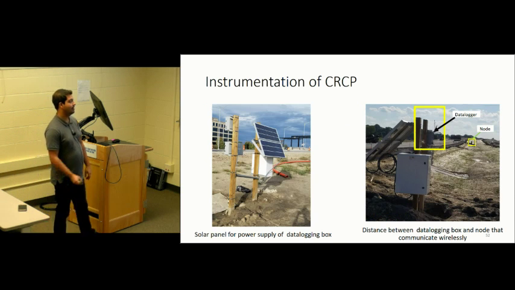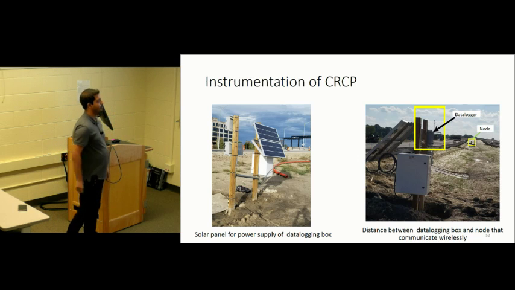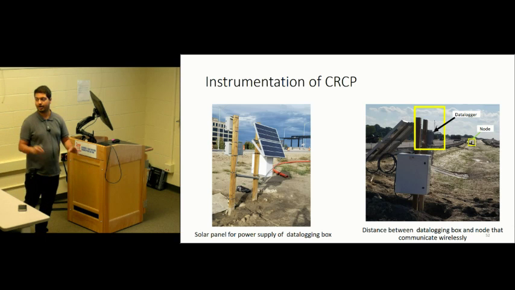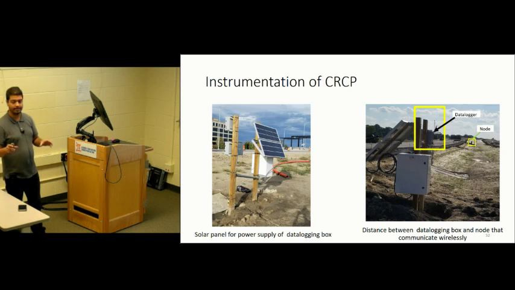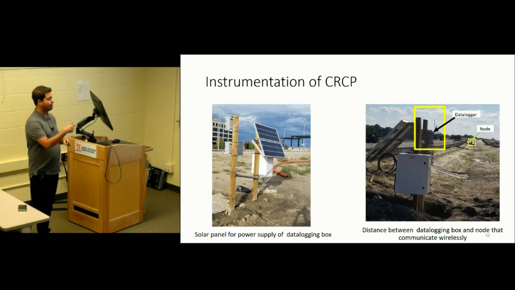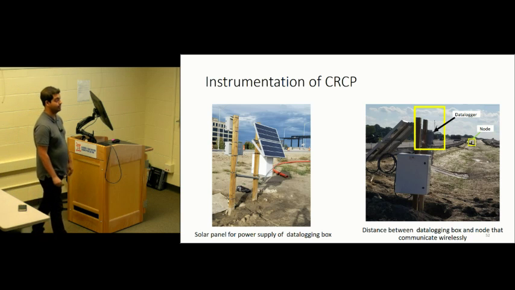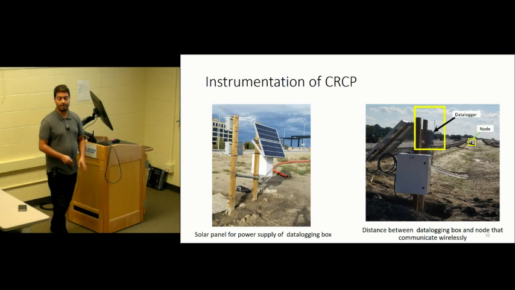The advantage of the wireless system is the data logger box, as shown in the right figure, and the wireless node that locally collects the data. In this picture, they are around 520 feet apart, so we don't have to run wires through.